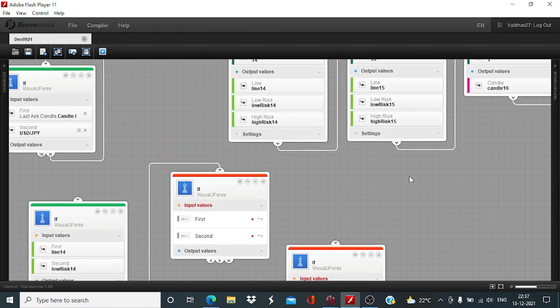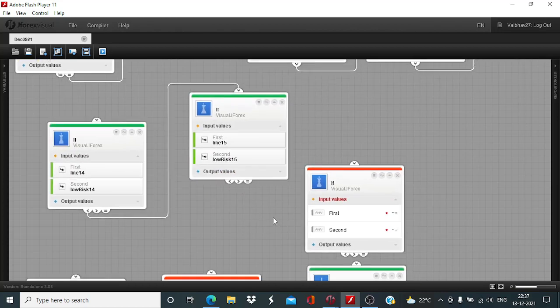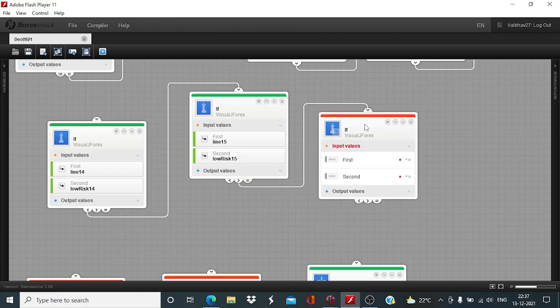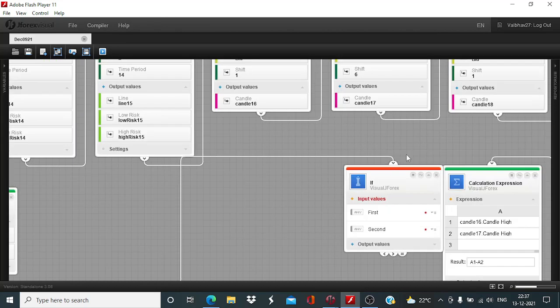whereas in case of line 15 it should have been higher compared to the low risk. So we will have to define it as higher, first input greater than second input. And after that we turn to the price action data.